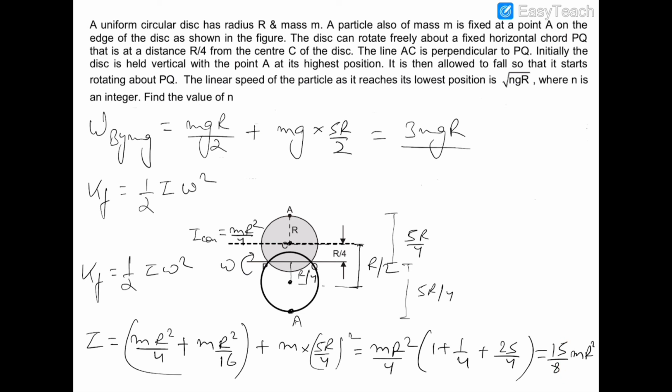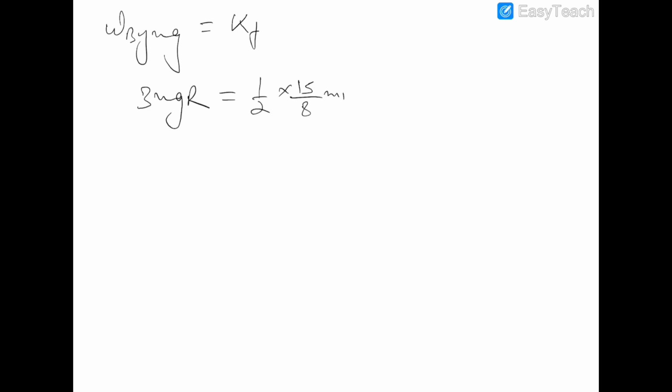So the work done by mg is equal to the final kinetic energy, and obviously the initial kinetic energy was 0. So the work done by mg is 3 mgr, and that is equal to the final kinetic energy, which is half I omega square, where I is 15 by 8 mr square, and omega square.